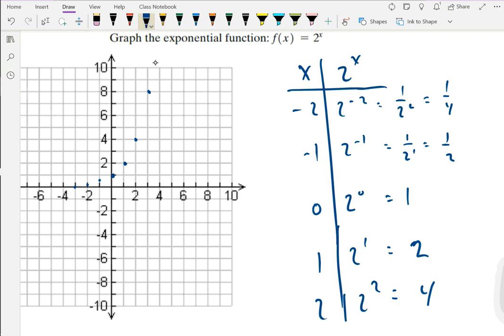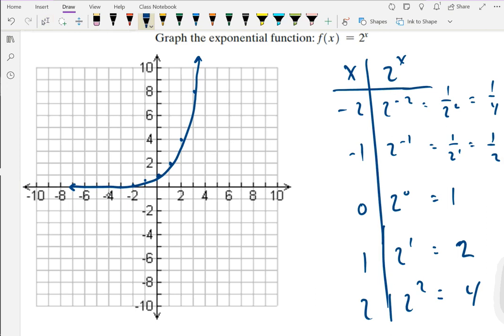So our graph is going to be really high up here, going to be coming down, and then we're going to start hugging the x-axis because we're hugging 0. If I keep going left, I'm going to end up with 1 over 2 to the 4th, 1 over 2 to the 5th, 1 over 2 to the 6th, 1 over 2 to the 7th. Those numbers are going to get really, really close to 0 very, very quickly.